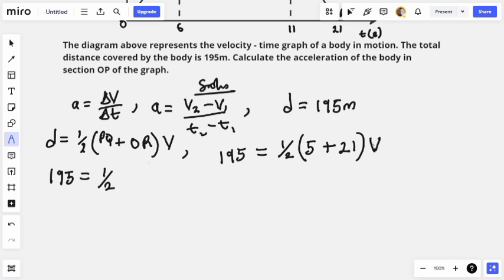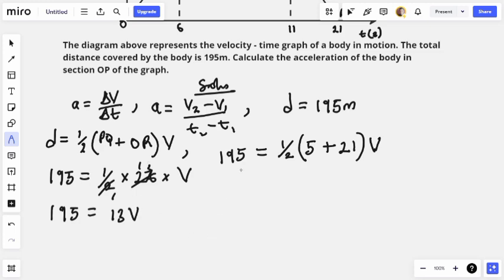Sorry, we forgot to write our V, times the height, which is V here. 5 plus 21 is 26. That will be times 26. So 2 will cancel itself. 2 cancels 26 how many times? 13 times. So we have 195 equals 13 V.